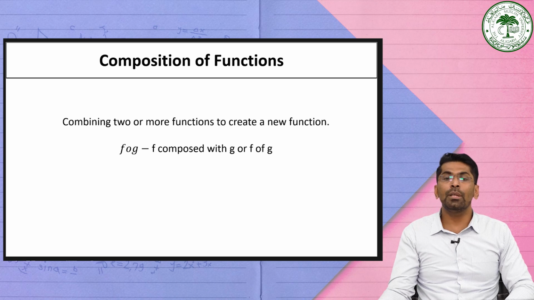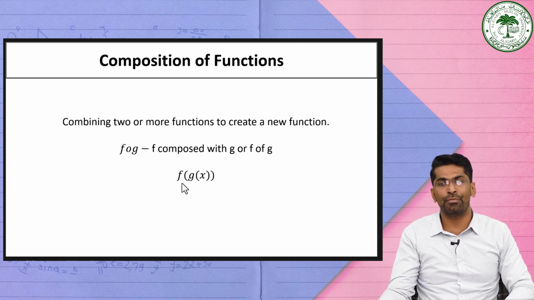The composition f of g is formed by applying g to the input of f, and the resulting function is written as f of g of x, which indicates that the output of g is used as the input of the given function f.